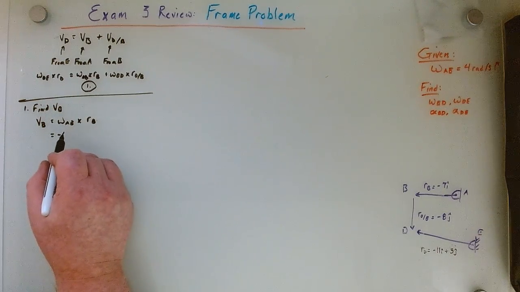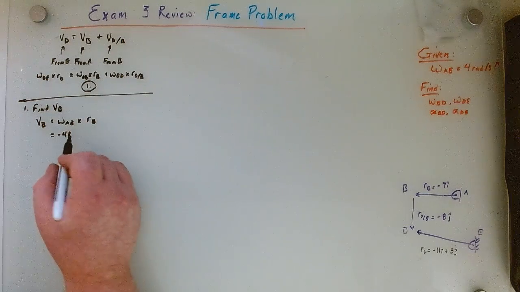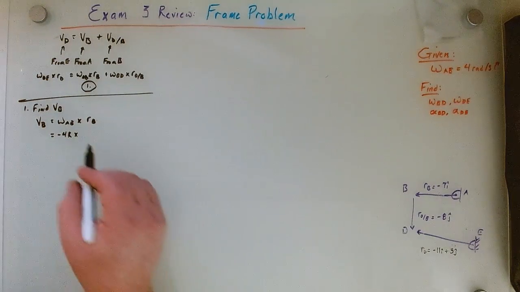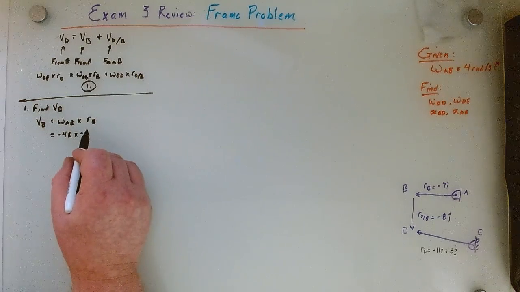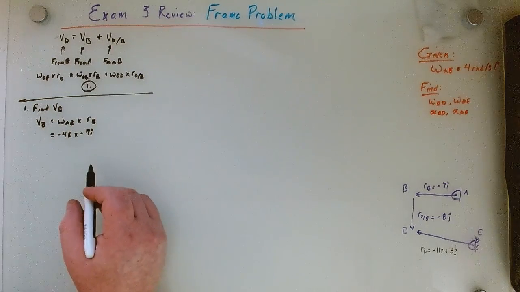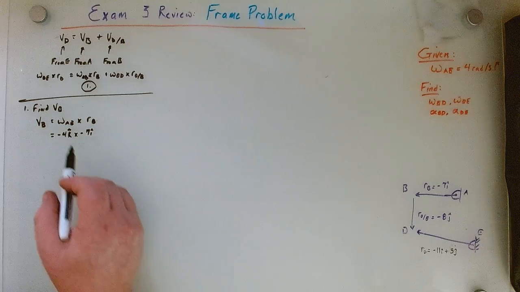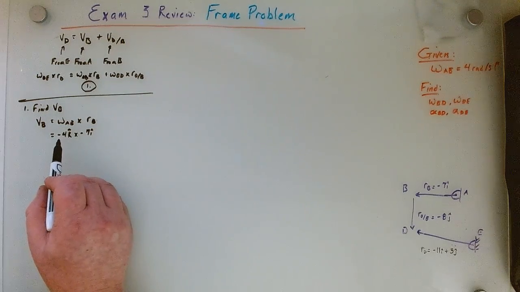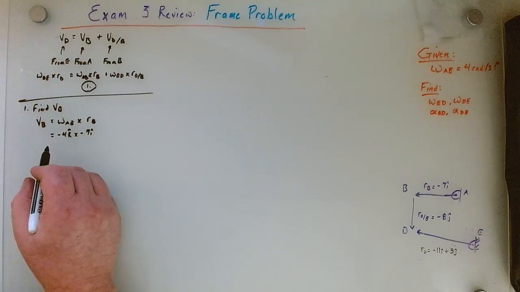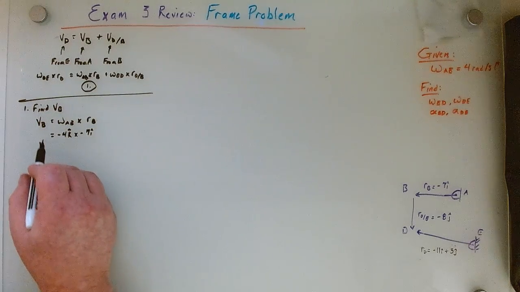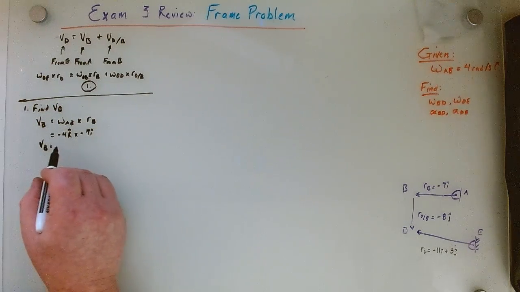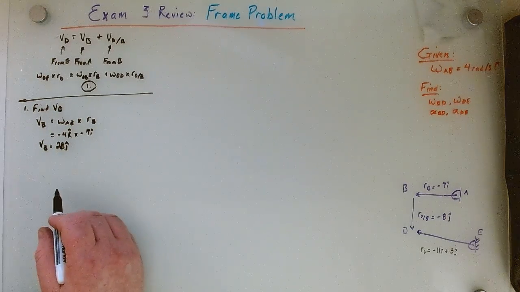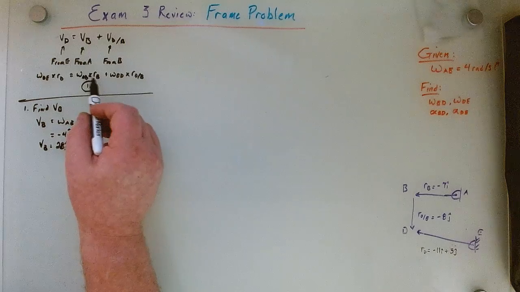So minus 4 K, crossed, and RB is minus 7I, okay, and K cross I is positive J, and negative times a negative is a positive, so VB is equal to 28J. And note, that just goes there, right?